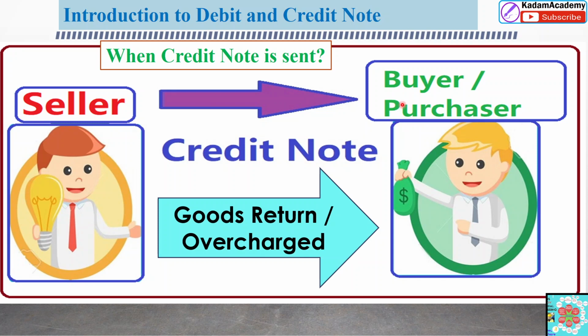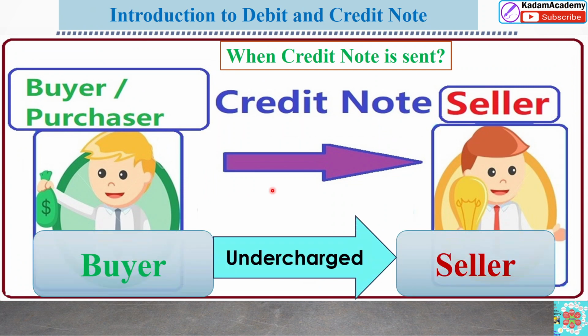Another case is that the buyer sends a credit note. You can see here, the goods return is already studied. The buyer also sends it to the seller. Who is selling this product?